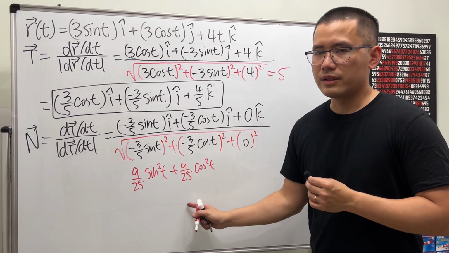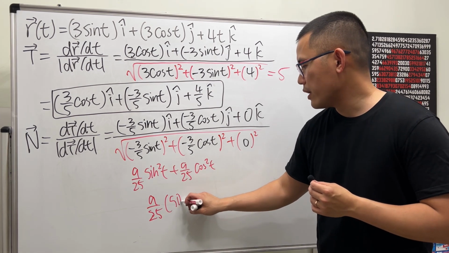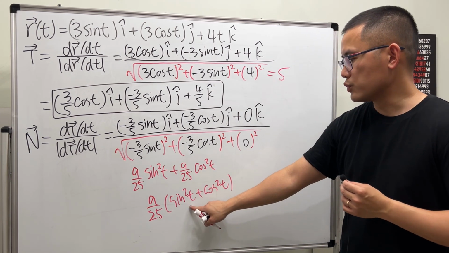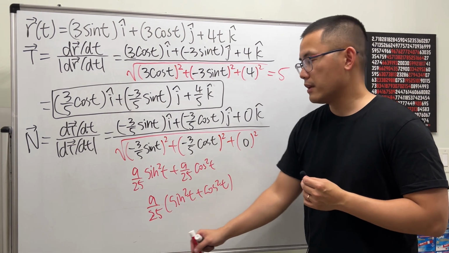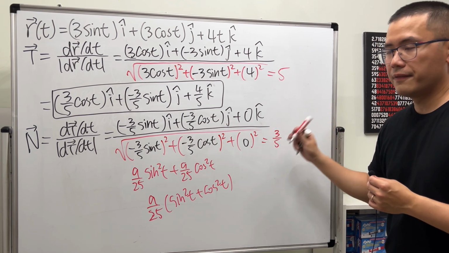Usual deal, factor out the constant, and then we'll have sine squared plus cosine squared, which is just 1. So it's just the square root of 9 over 25.